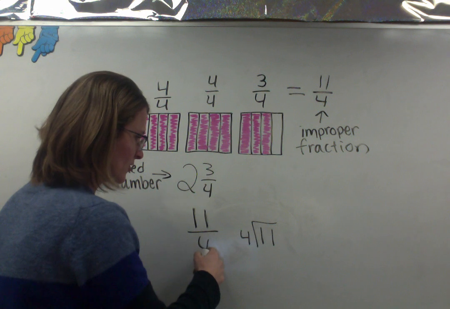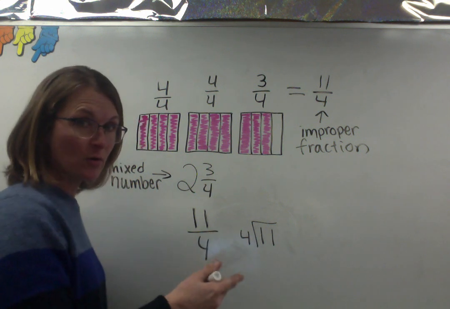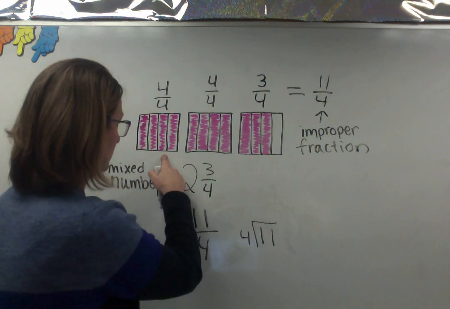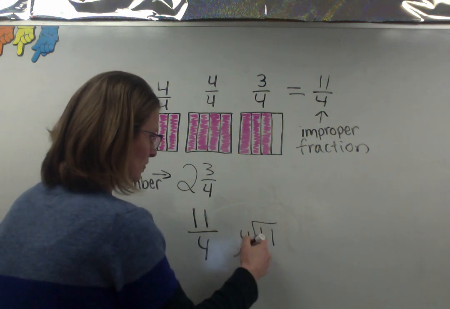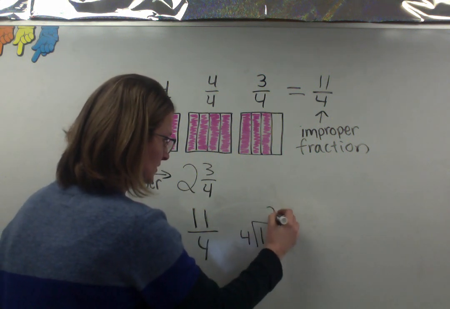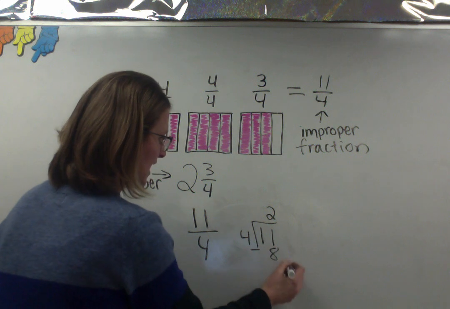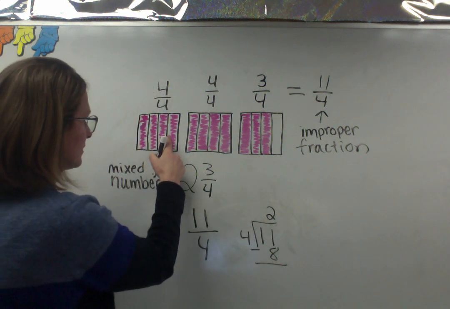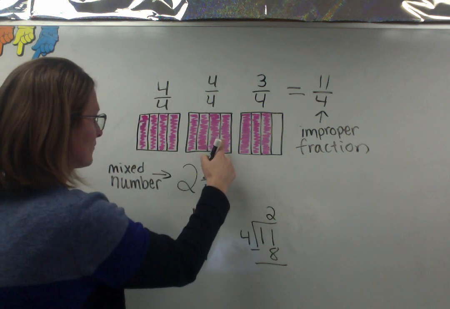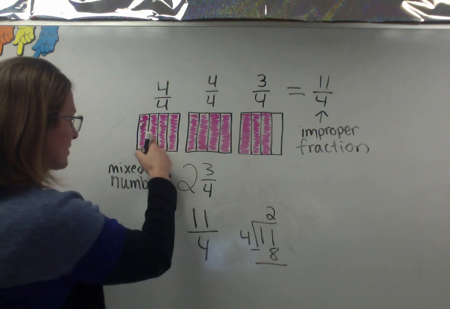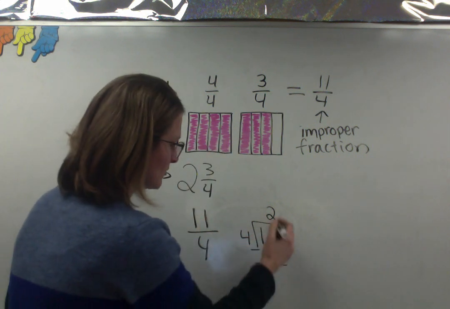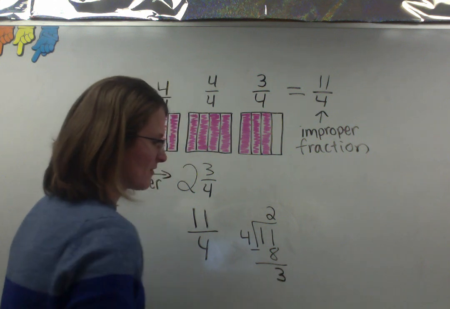I have 11/4, so I know that every time I have 4/4, it'll make 1, right? So if I do 11 divided by 4, 4 goes into 11 twice, which is 8, which you have up here, right? It makes 1 whole here and 1 whole here for a total of 1, 2, 3, 4, 5, 6, 7, 8 pieces. All right, so we do that, and then we have 3 pieces left over.